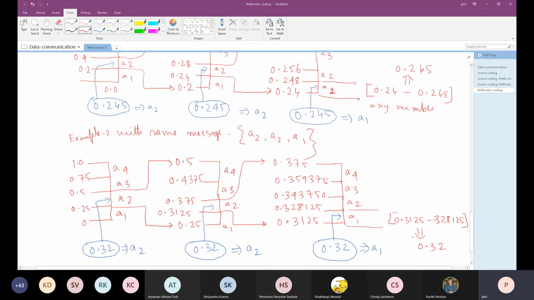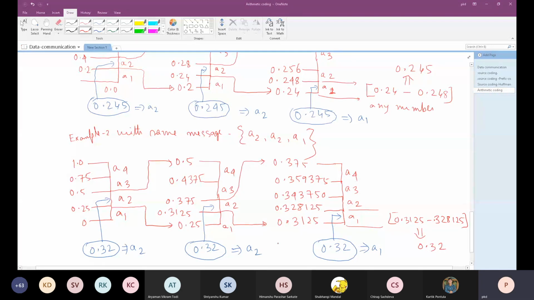Again, in arithmetic coding, choosing this number is tricky because the binary string that we need to transmit, we need to convert this number, 0.32. In many cases, because of your wrong choice, it may happen that we will have a large binary string.